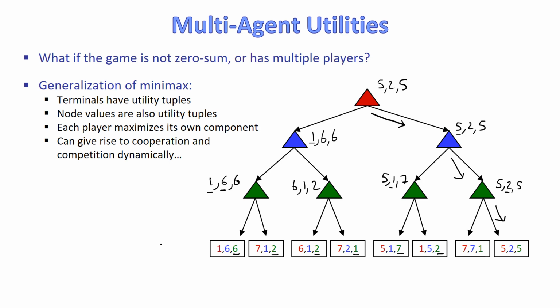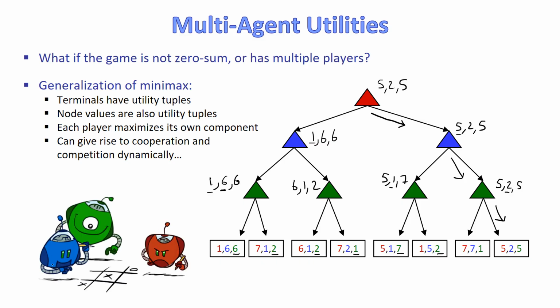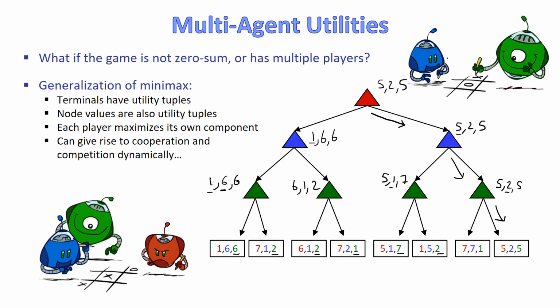If you look at these values, sometimes you will think that two players are playing in favor of each other just by chance, but actually they are completely independent. Each one is trying to maximize his own utility. Or sometimes you will find that they look like they are playing against each other.